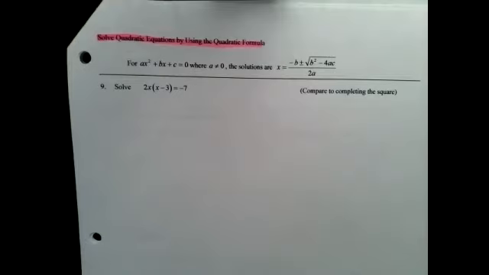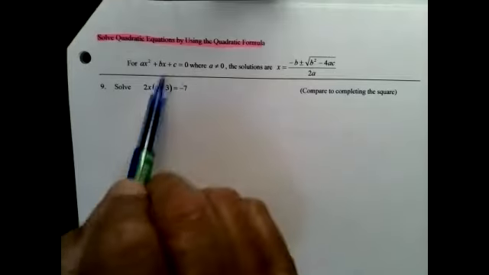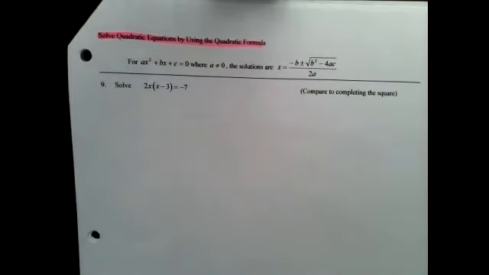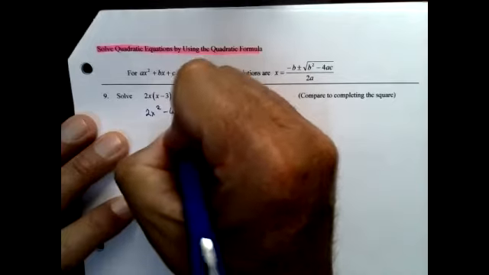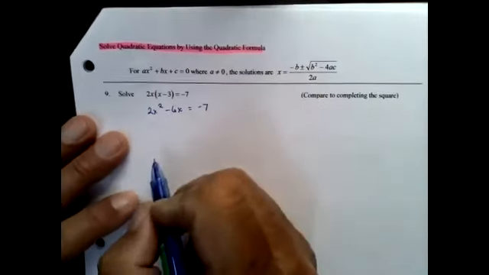Okay. Compared to completing the square, what do I have to do first? What do I have to do first here with the quadratic equation? Tell me something good. Distribute. Distribute? Yep. I need to make it a quadratic equation first. There's nothing I'm going to do with this bad boy.